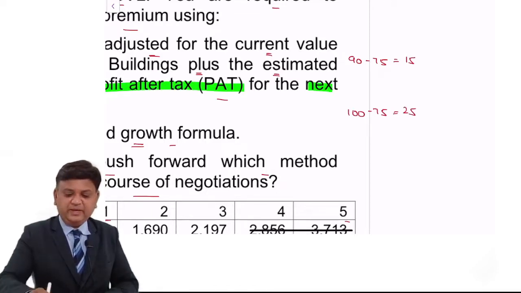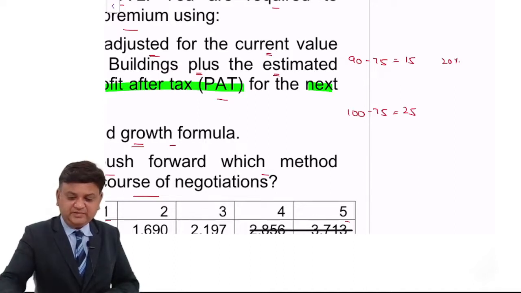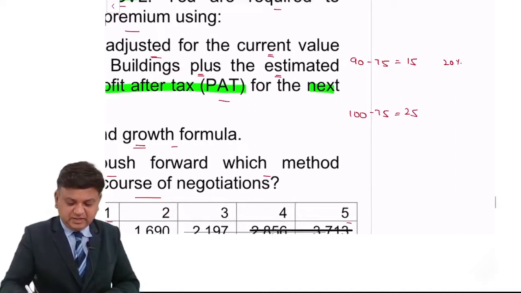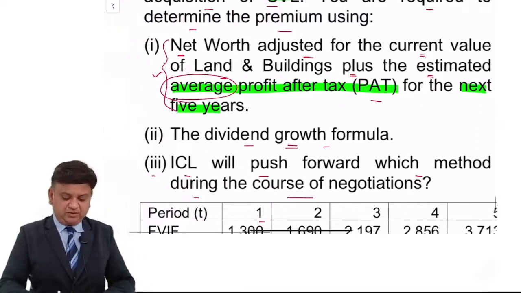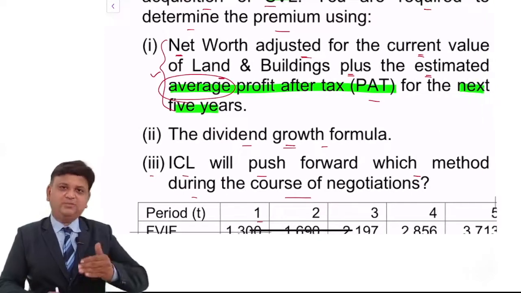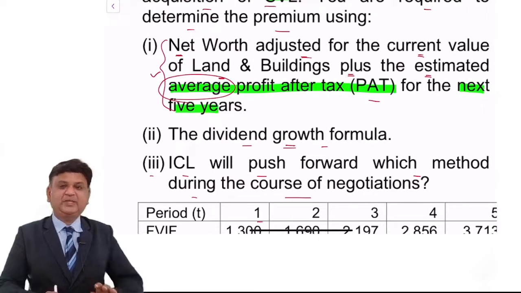So we are required to make the computation of the premium like this: 15 upon 75 into 100, that comes to 20 percentage. 25 divided by 75 into 100, that comes to 33 1/3 percentage. This is the way we are supposed to make the calculation of the premium using both the methods. This is what we are required to do.